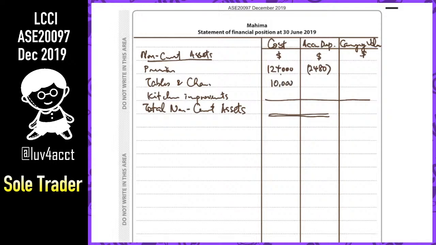Yes, 10,000, depreciation 1,000. Kitchen improvement 15,000, written off in 3 years' time. Total 149,000, depreciation 8,480.